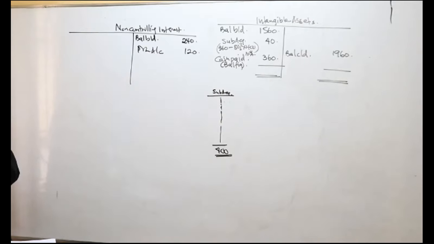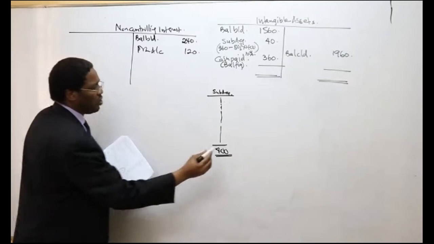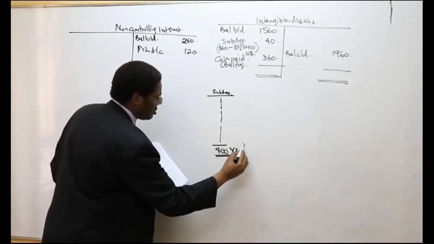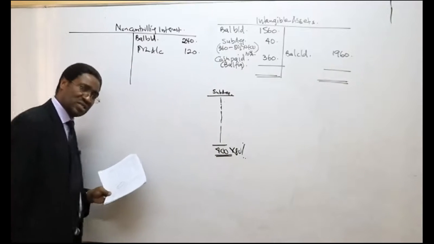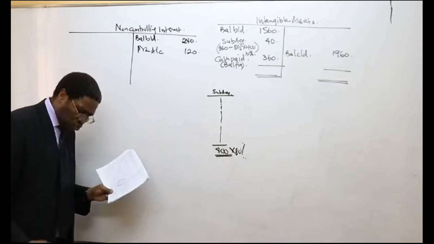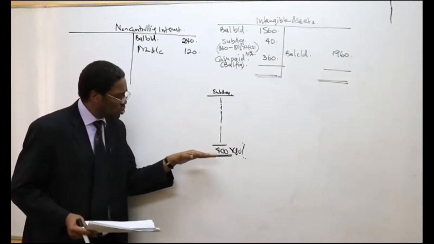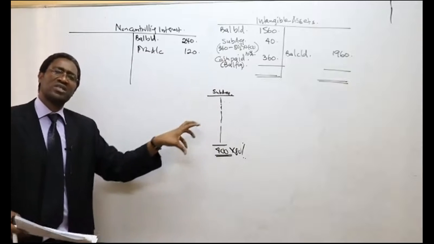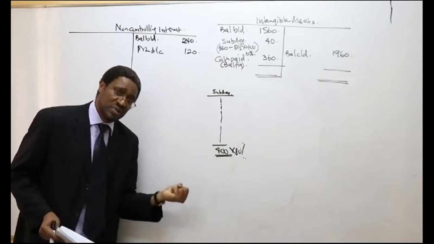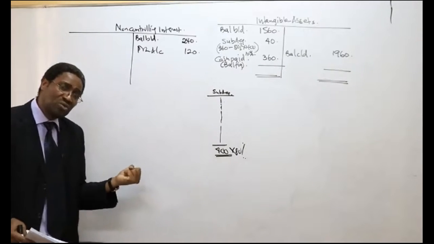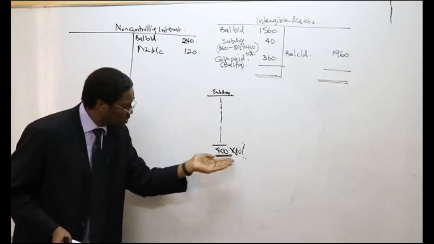Not forgetting, we acquired only 80% of the shares. From your consolidation topic, every time you consolidate, you consolidate the subsidiary as though you control 100%. But we don't own 100%, we own 80%.